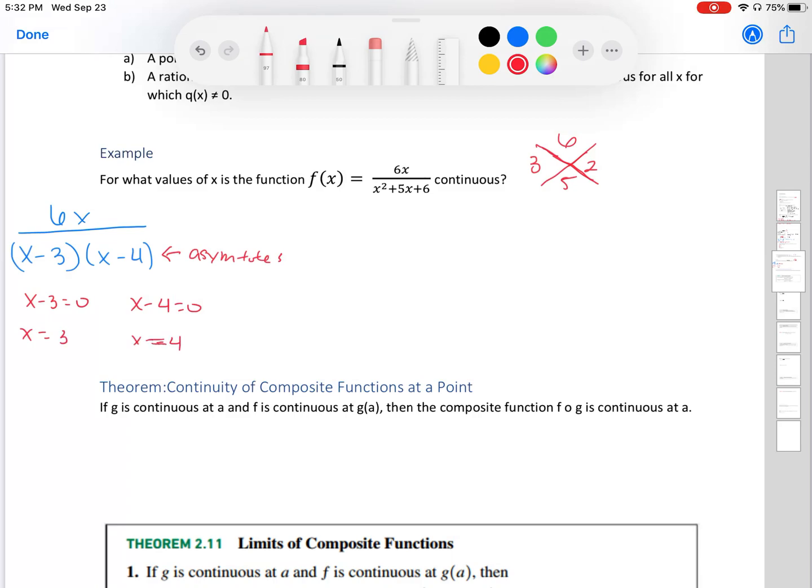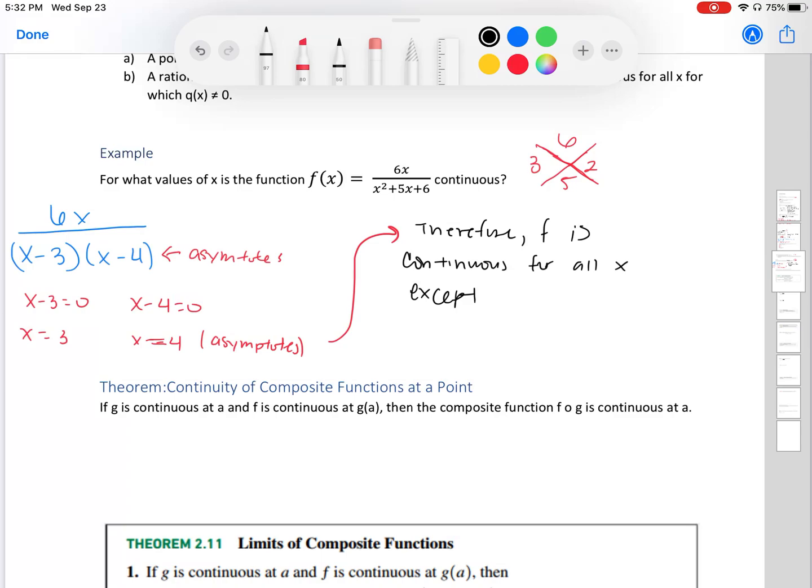And those are the values for which we have some type of discontinuity. There are asymptotes. Okay, so then we can come to the conclusion and say, therefore, f is continuous for all x, except x equals -3 and x equals -2.